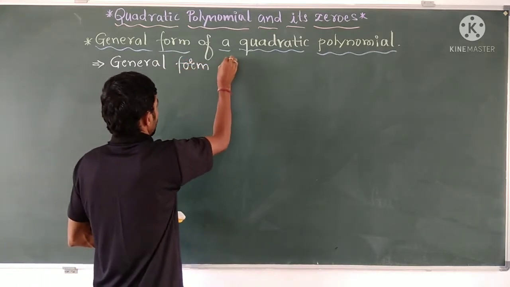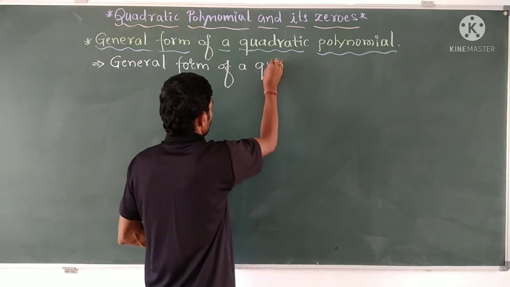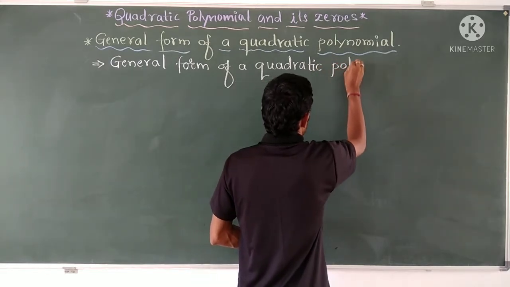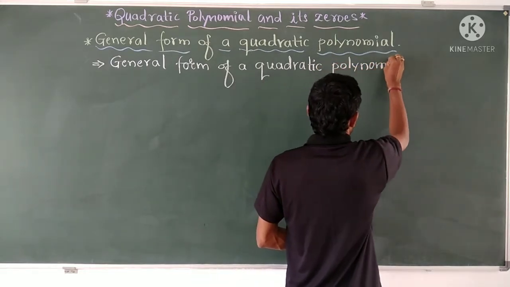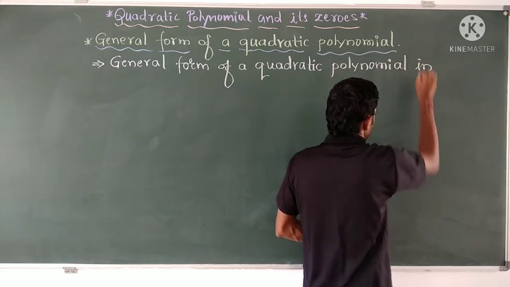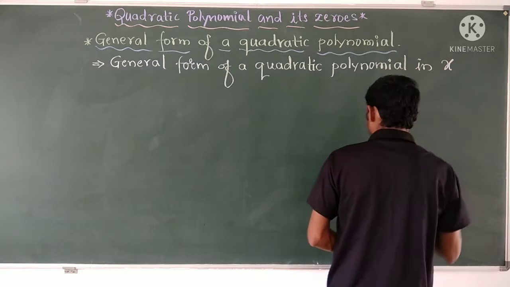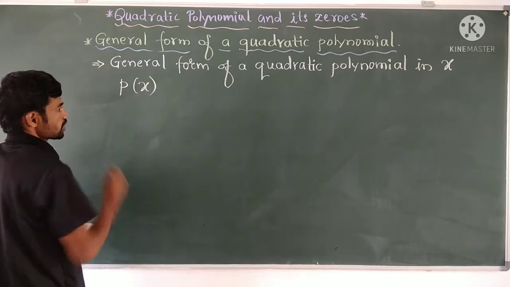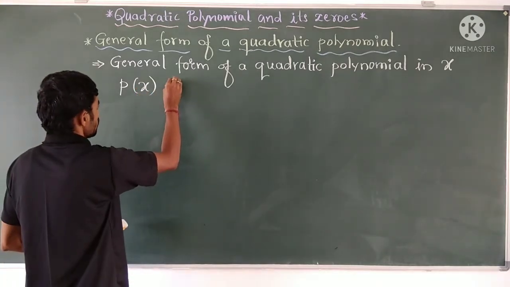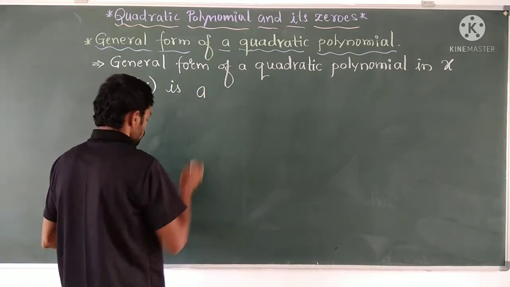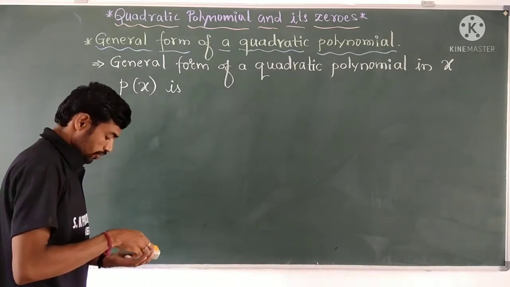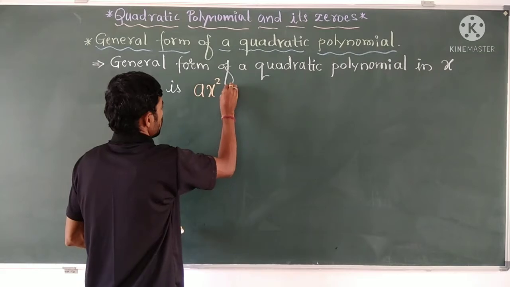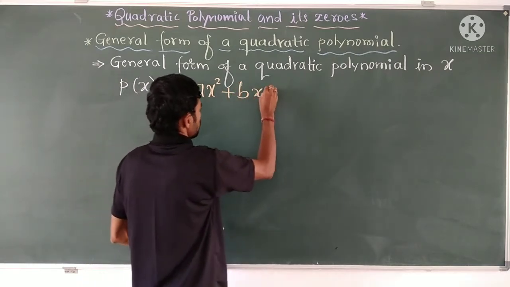The general form of a quadratic polynomial in variable x, that is p(x), is ax square, so that we have to highlight, plus bx plus c.